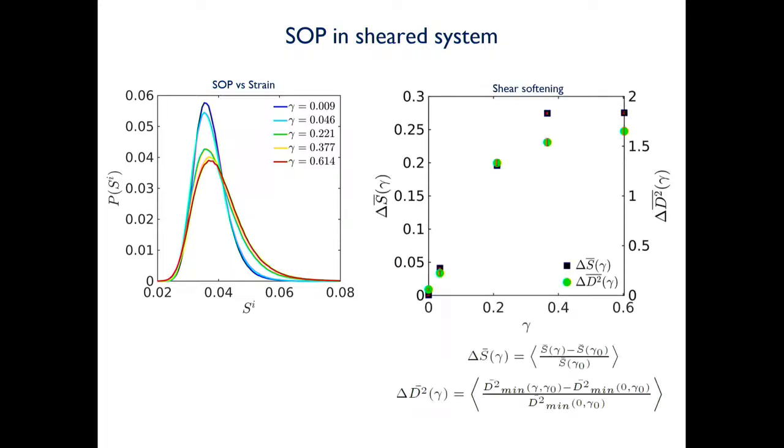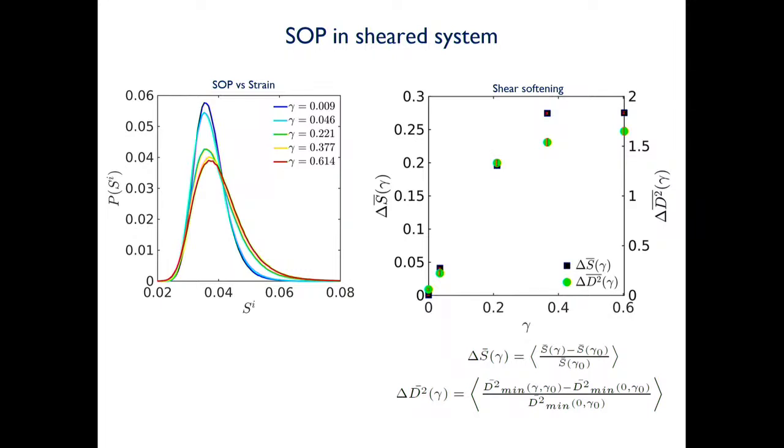Whatever information is there in this plot, one can look at the deviations. We are not looking at the averages of S, but at the deviations from the averages, okay. Each plot gives us a certain average value of the structural order parameter. We look at the deviations with respect to gamma 0, which is the first frame, okay.